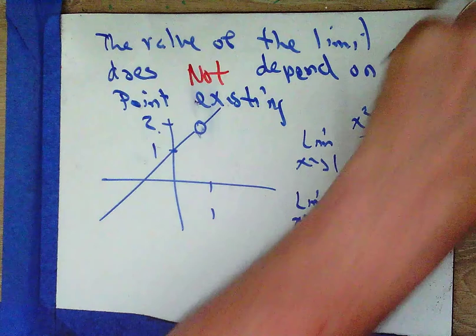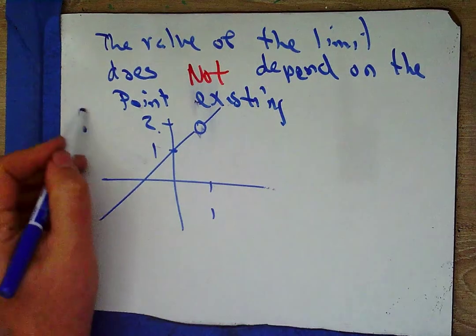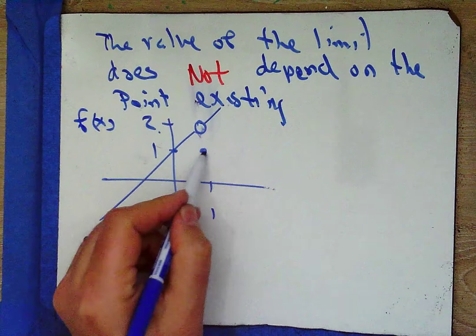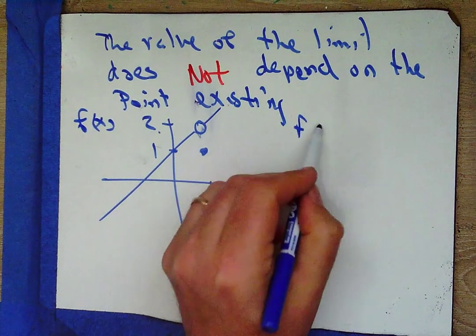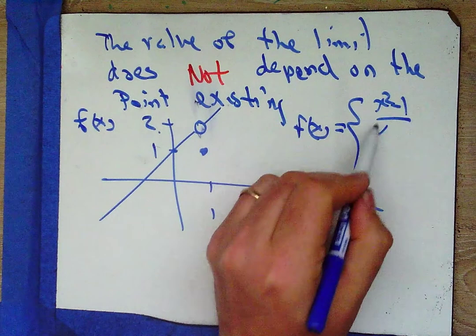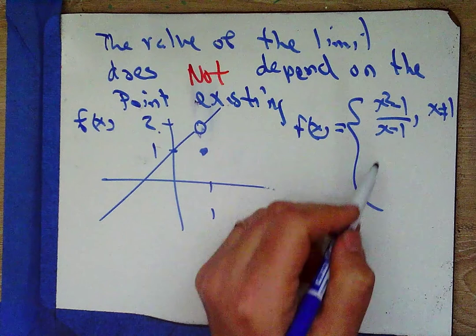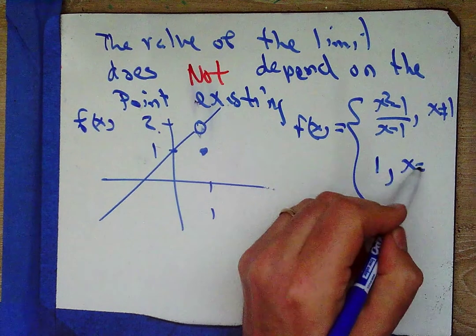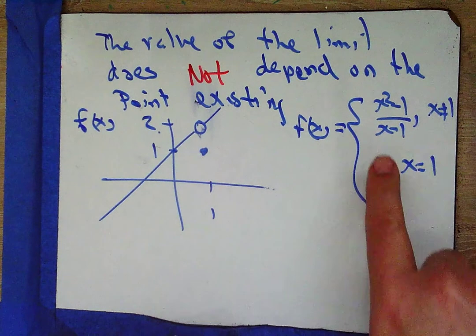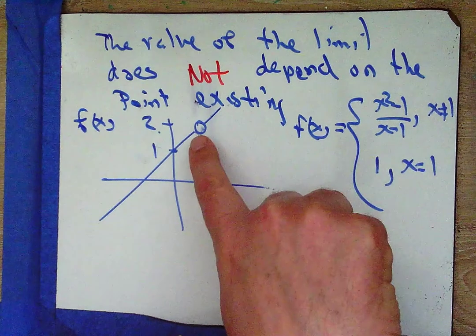Okay. Now, we could even have a situation like if this is f of x, and we have a piecewise function: x squared minus 1 over x minus 1 for x not equal to 1, and then 1 for x equal to 1. So this piece says, I exist everywhere except at 1. That's true.